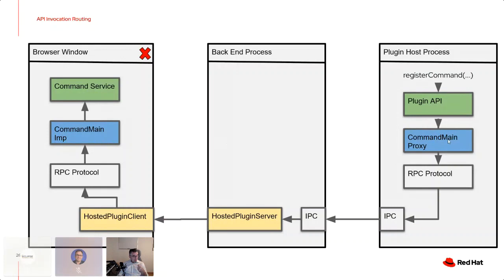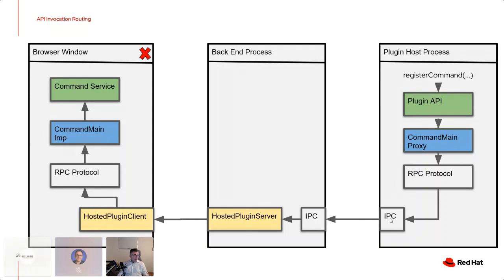This is the command main service proxy and the command main service implementation. It uses a class called the RPC protocol to encode that request into a JSON message. And that RPC protocol is relatively similar to the VS Code JSON RPC, but it's much simpler. And I guess that's why they did quite kind of a copy.